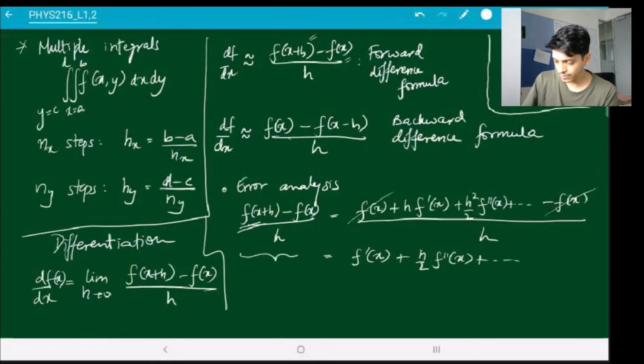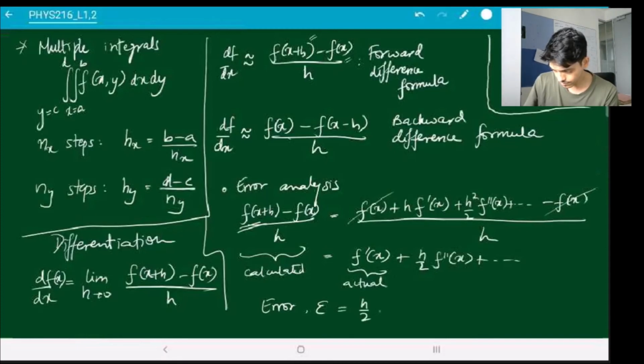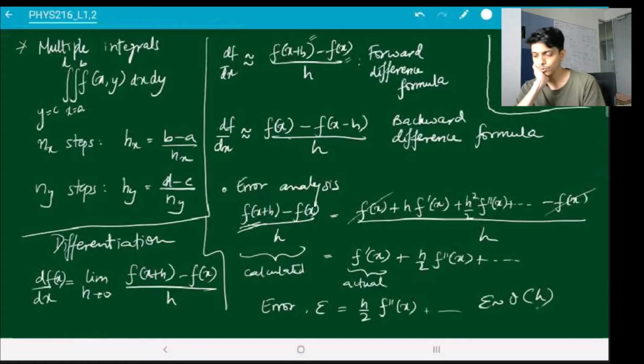This is the derivative that you calculated numerically, but this is the actual derivative itself. So the difference between these two gives you the error. So the error is of the order of h itself.